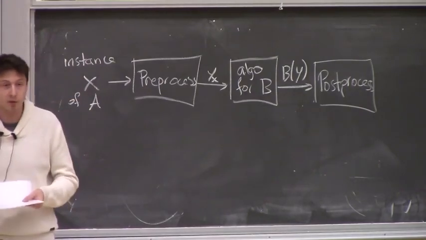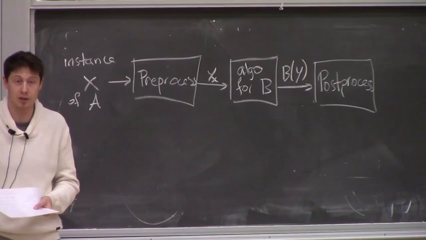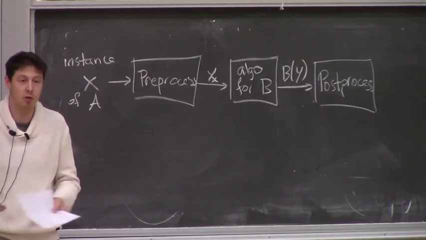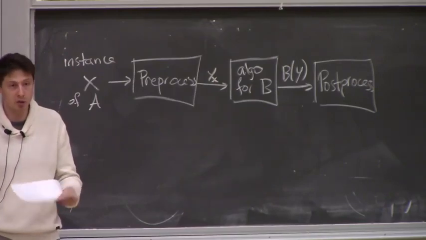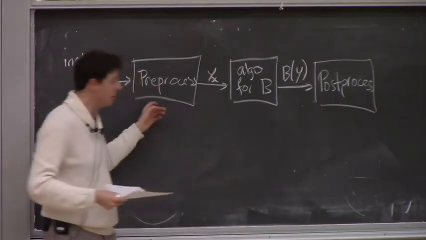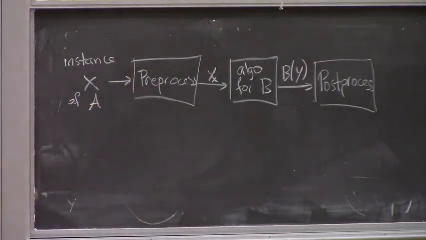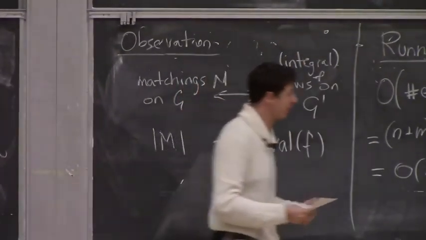The max flow subroutine gives us a flow. What good is it for us if we need to output a matching? They're different things. It doesn't mean anything to output a flow instead of a matching, right? We have to take the flow and interpret it. How are we going to interpret it? Well, how we interpret it is going to depend on the pre-processing that we've done, because we have set up the max flow instance in this way. Therefore, once we get back the answer, we know how to interpret it, by just picking out the edges, right?